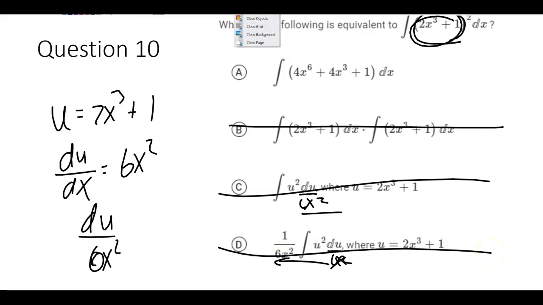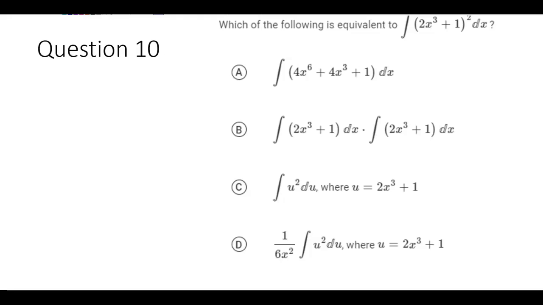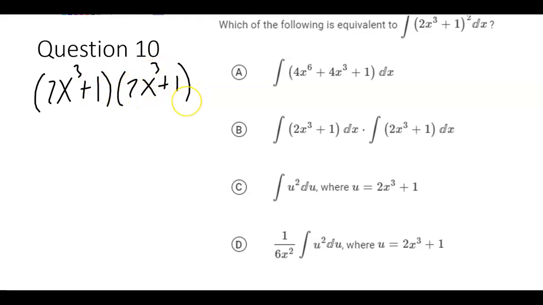So the answer is obviously A, but I'd like to explain why. The answer is A because (2x^3 + 1) squared does mean that we have 2x^3 + 1 times 2x^3 + 1, but we're actually going to have to FOIL this out to see why this works.